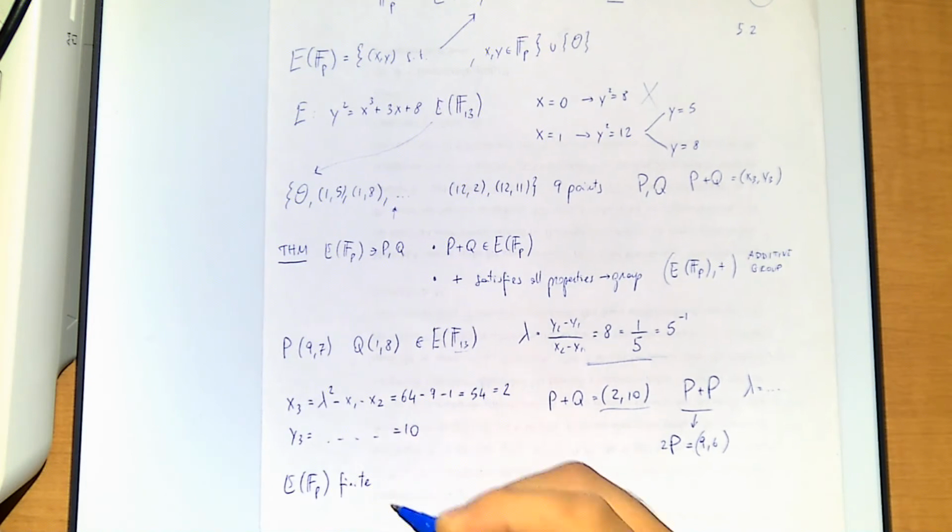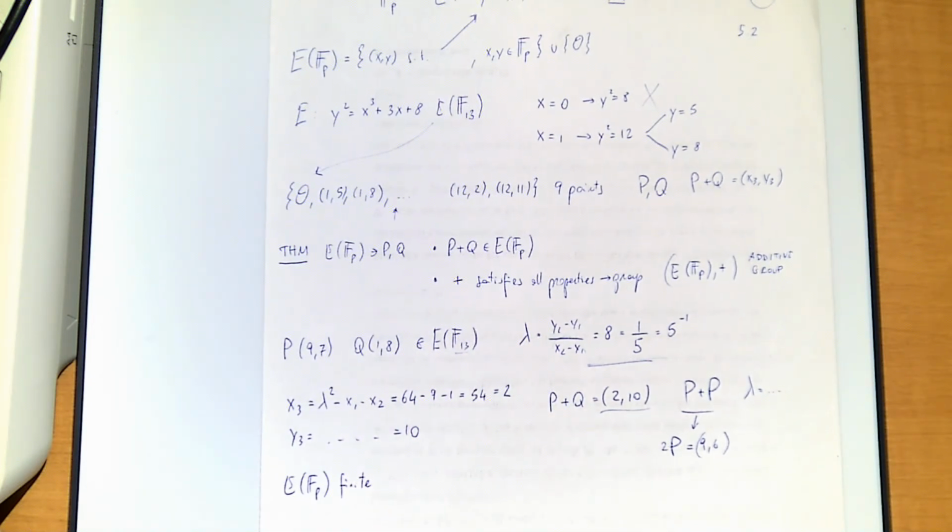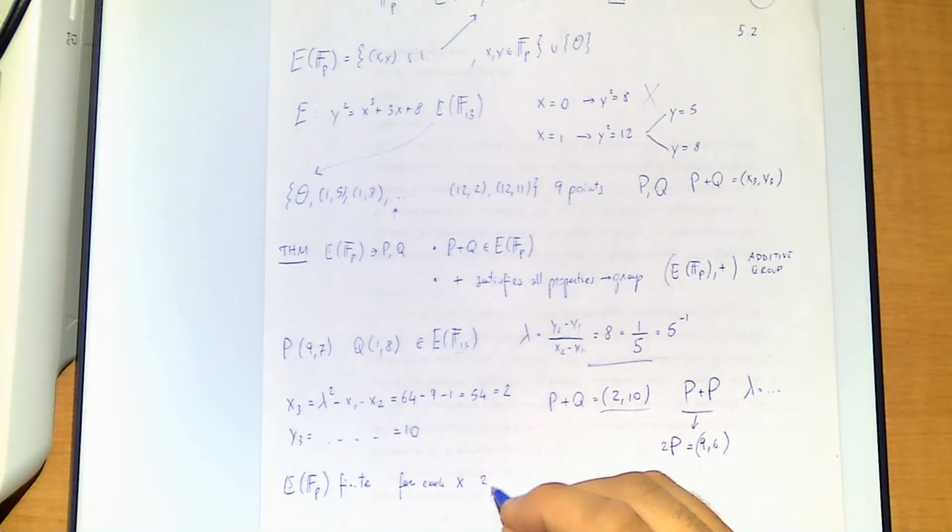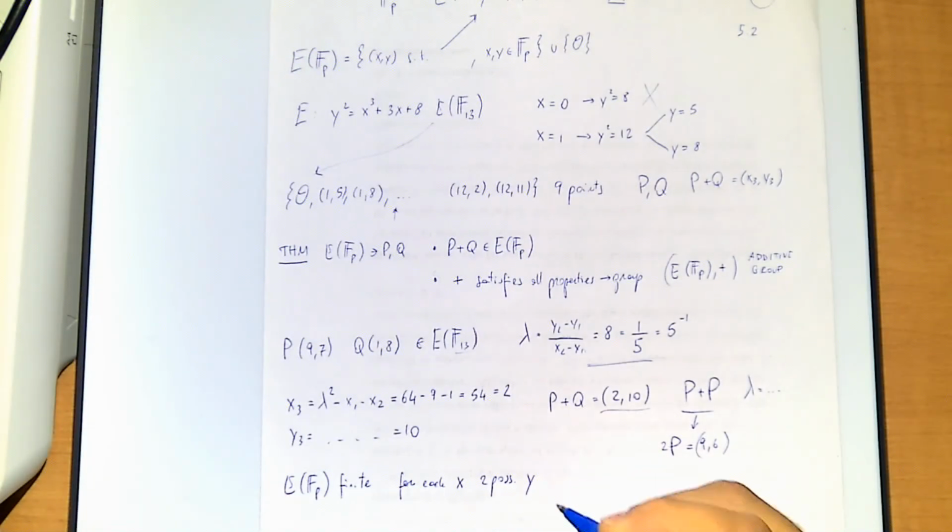So there's finitely many points, and so exactly how many points do we expect to have in there? So here's the thing. Essentially, for each x, there are two possible y's, right, at most.